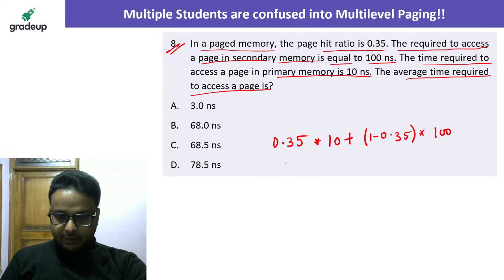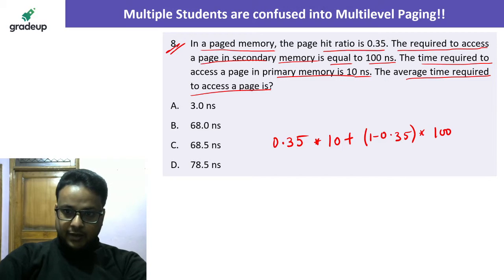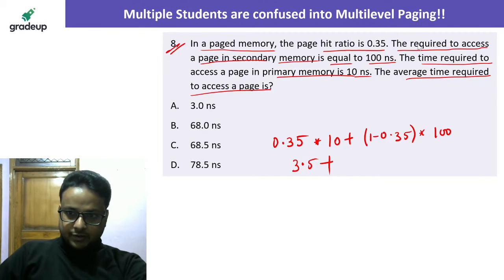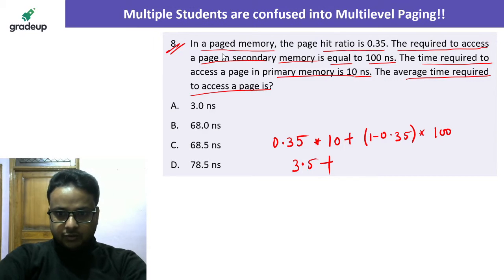Now if you multiply 0.35 into 10, you will get 3.5, plus 1 minus 0.35, which is 0.65, multiplied by 100.